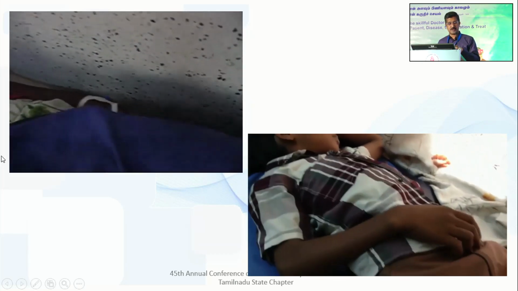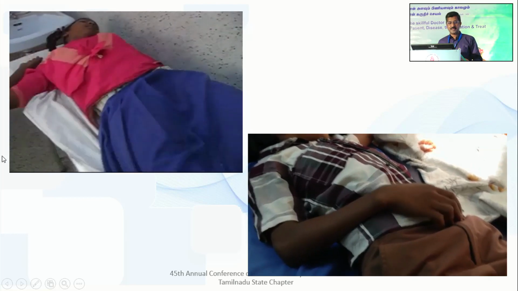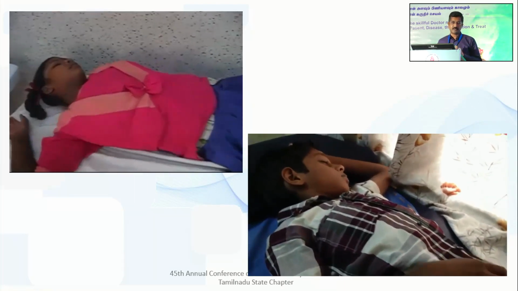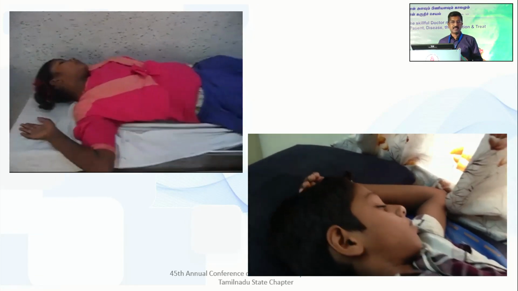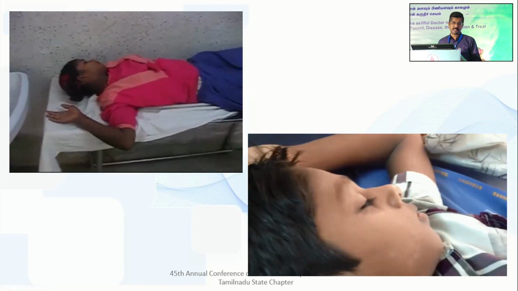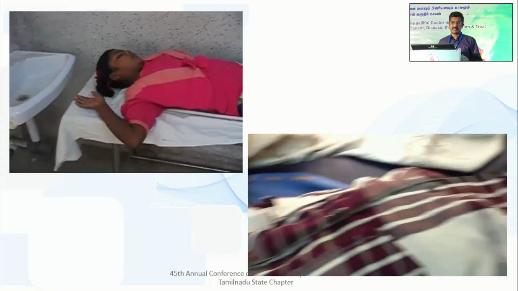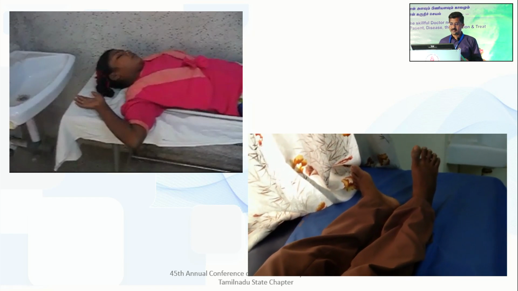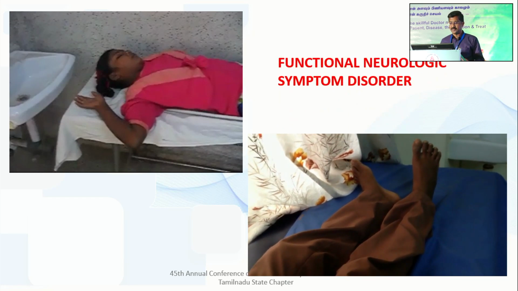If you closely see, the child is holding the cot to prevent the fall, and the eyes will invariably be closed in all pseudo seizures. There are hardly any true seizures with closed eyes. Even in a newborn, whatever the seizure, the eyes will be open, staring, gazing to one side or upgaze, or there will be eye blinking. The DSM has classified this as functional neurological symptom disorder. Of course, you need a psychiatrist's help for psychotherapy and behavior modification.